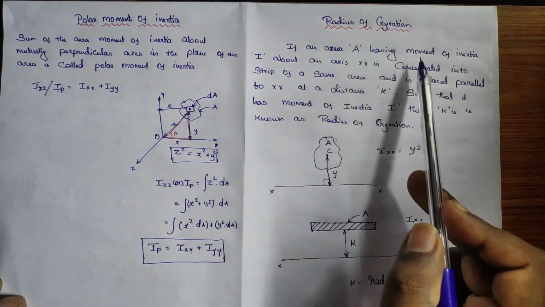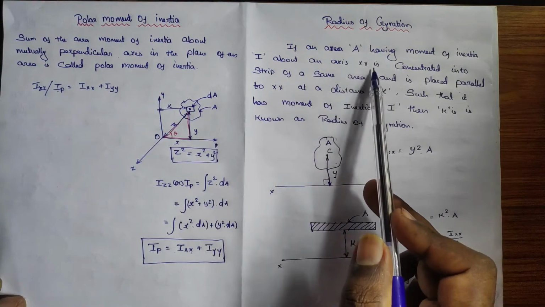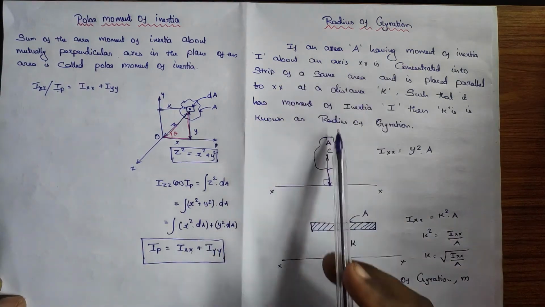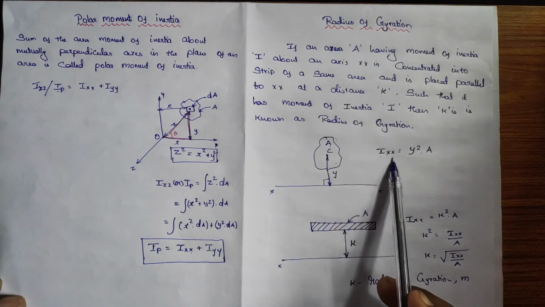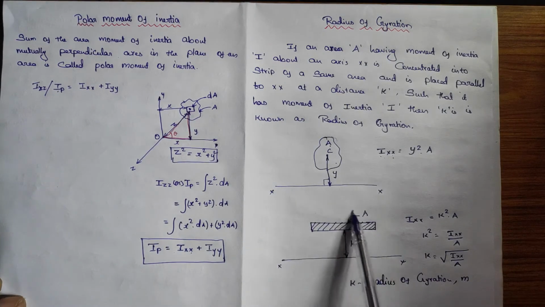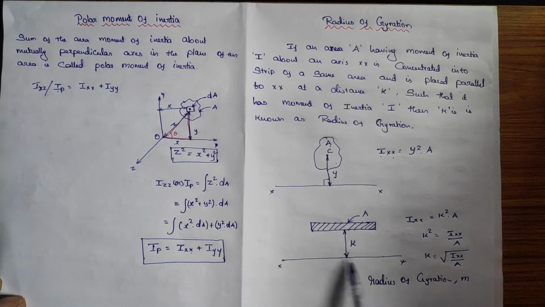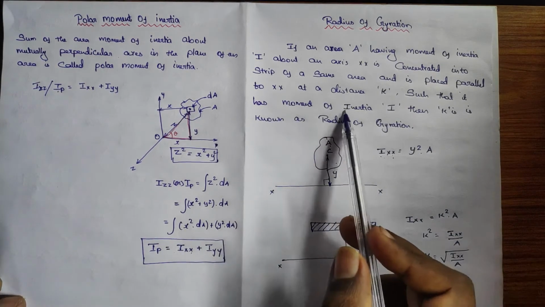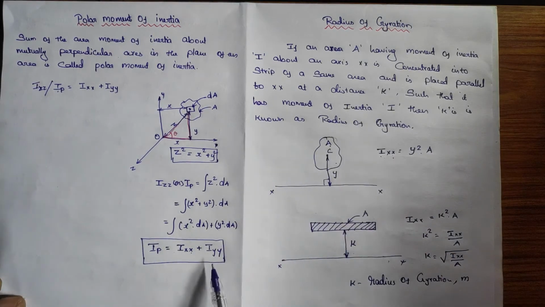If an area A having the moment of inertia Ixx about an axis XX is concentrated into a strip and is placed parallel to the XX at a distance k, such that it has the same moment of inertia I, then k is known as the radius of gyration.